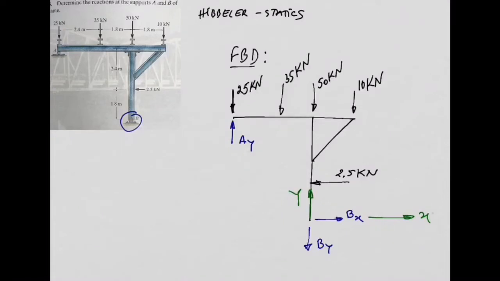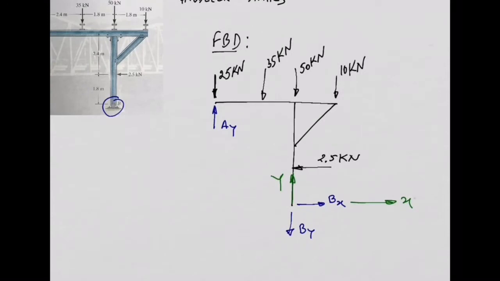So that's it. This is the free body diagram. That's all you need. Of course, the dimensions and these distances are included in the original problem, so you don't need to put them in the free body diagram, though you can if you want. Okay. Now, the next step. Let me copy this.